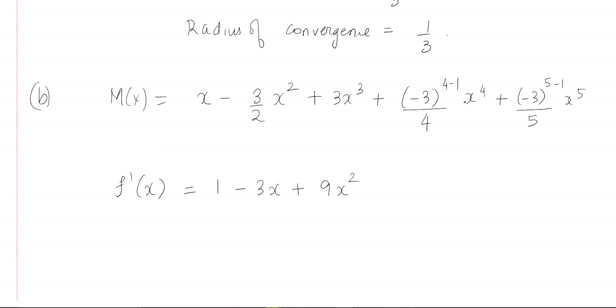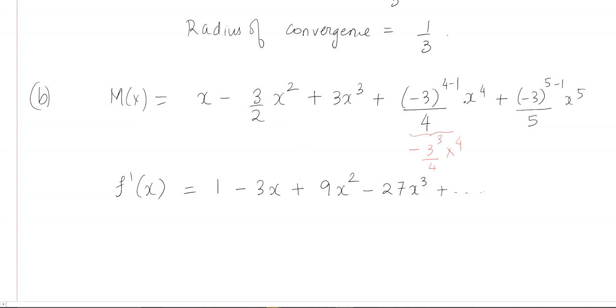The fourth term is negative 3 to the power 3 over 4 x to the 4, and when I differentiate it, I end up with negative 27x cubed and so on and so forth.